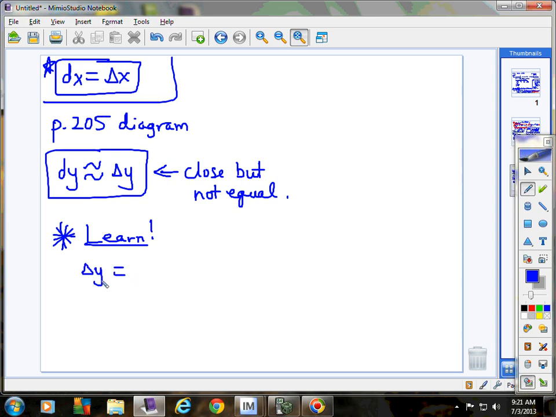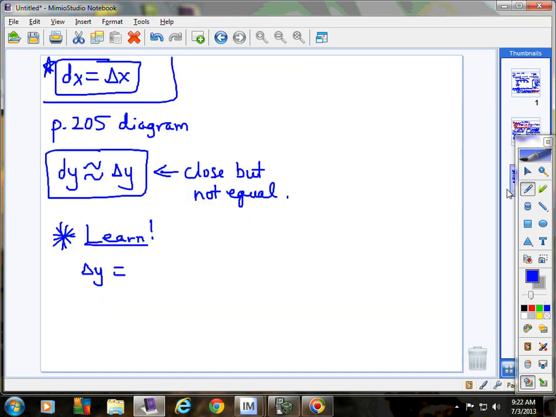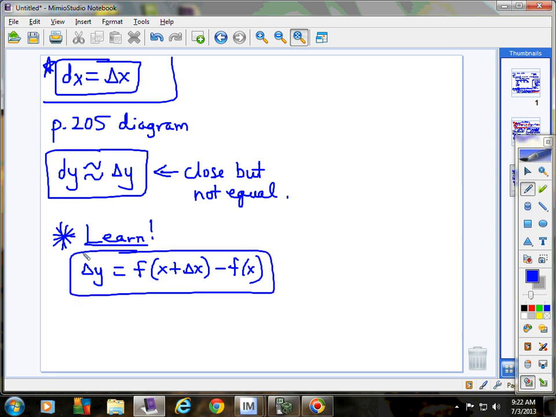Before we write the formula for delta y, who remembers the formula for dy? dy equals f prime of x times dx, right? dy is f prime of x times dx. All right, delta y's formula is f of x plus delta x minus f of x. Now, where have we seen that before?